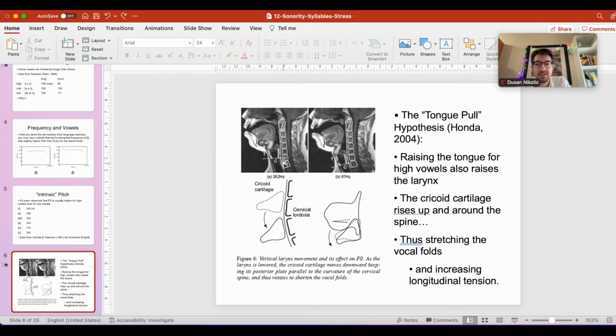At the high end of the spine, basically your neck part, which goes towards the head, there is the larynx, right?